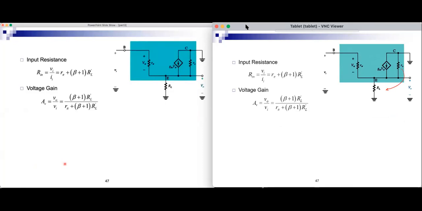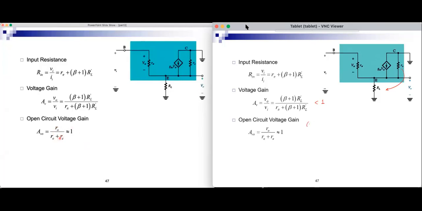So just like the common drain, the common collector has a gain which is less than 1. What is the open circuit voltage gain? If RL goes to infinity, I will get beta plus 1 RO divided by R pi plus beta plus 1 RO.